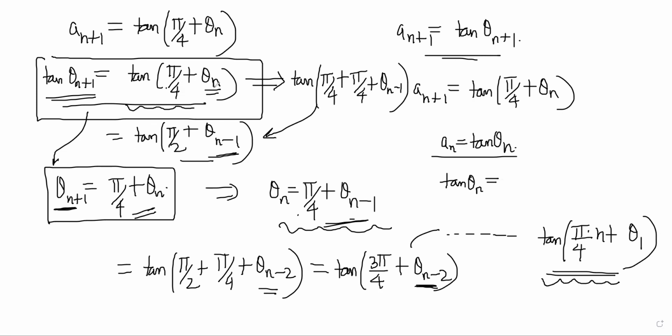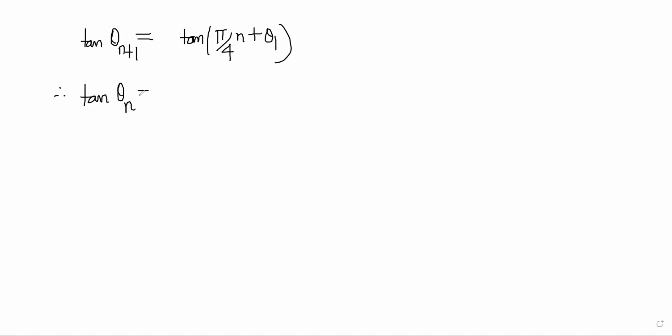So if you go from theta n to theta 1, you are adding n times pi by 4. So finally we get the result tan theta n plus 1 is equal to tan of pi by 4 times n plus theta 1. And if you want to write tan theta n, instead of n, I will replace it with n minus 1. So tan of pi by 4 times n minus 1 plus theta 1, right?